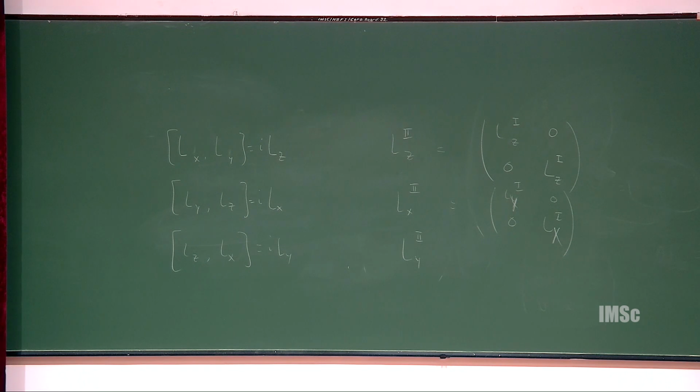What is the dimension of that matrix, Lx2 or Lz2? What is the dimension? What is it I have done? I have put only the same matrix here and here, that is it. I have taken Lz.